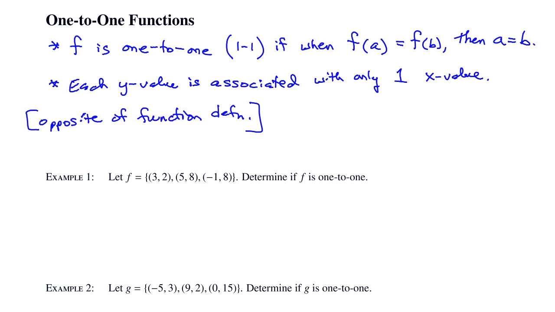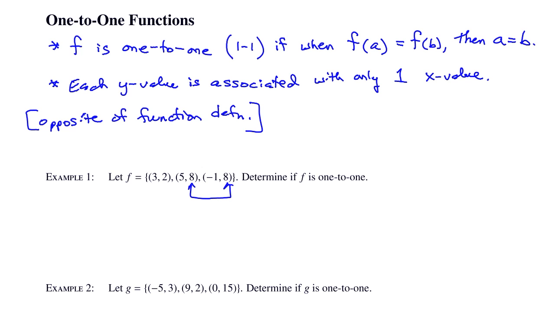f is equal to the function, or maybe relation, I don't know yet, of this set of ordered pairs: (3, 2), (5, 8), (-1, 8). Determine if this f is one-to-one. So you look at the y values. Do you have repeating y values? Yes, the 8s repeat.